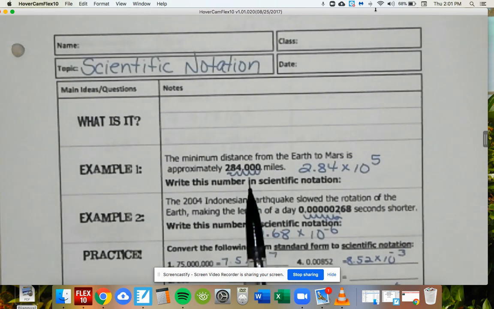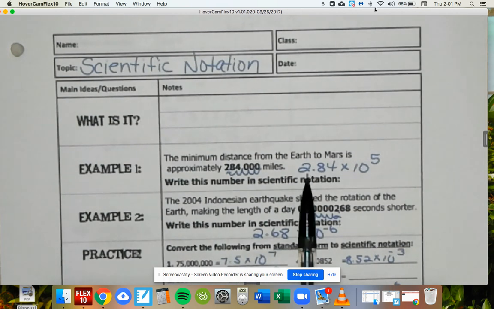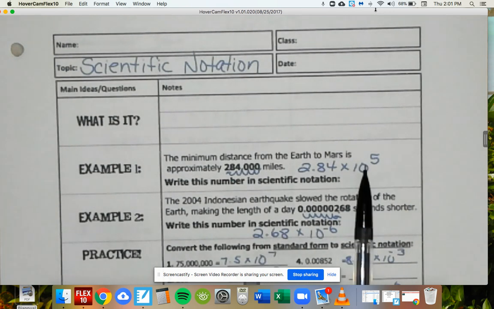Remember, we're talking about how when you convert a number from standard form into scientific notation form, it's all about moving the decimal. We reviewed how you have to count the number of jumps that the decimal has made from standard form to where the decimal would need to land, in this case between the 2 and the 8, and then that number of jumps becomes the exponent on the 10.